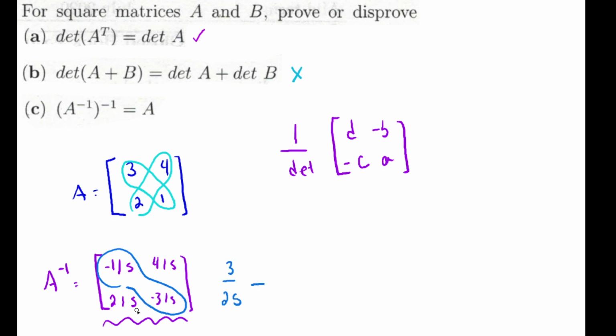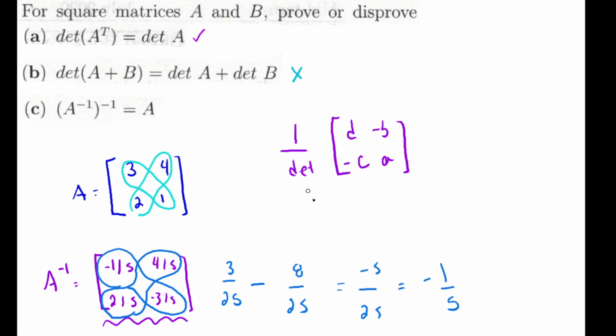And we're going to do minus 2 out of 5 times 4 out of 5, so 4 times 2 is 8, 5 times 5 is 25. And then here we have 3 minus 8, which is negative 5 out of 25, which is equal to negative 1 out of 5.